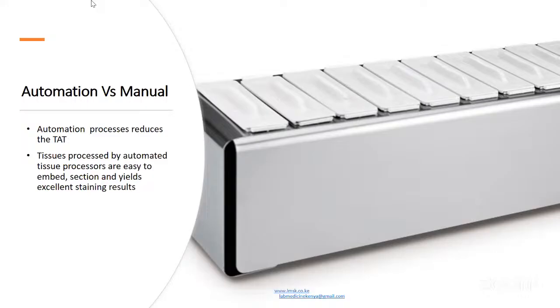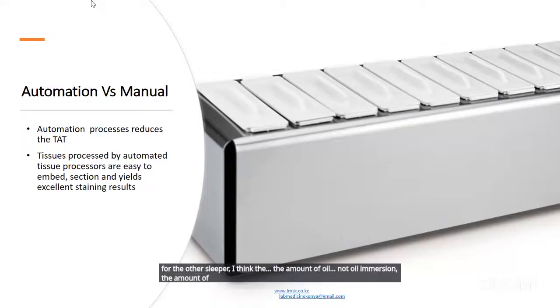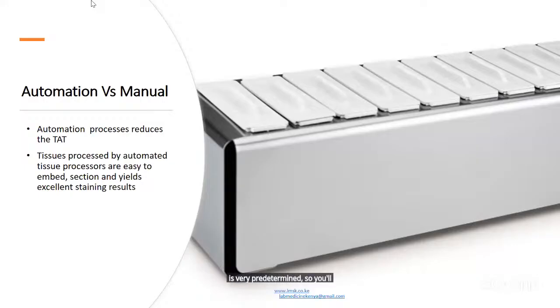And manual processes take more time. Another thing I realized with automation is that for the cover slipper, the amount of DPX being dispensed is predetermined. So when you remove the slides from the machine, they are not dripping wet the way they normally look after manual cover slipping.